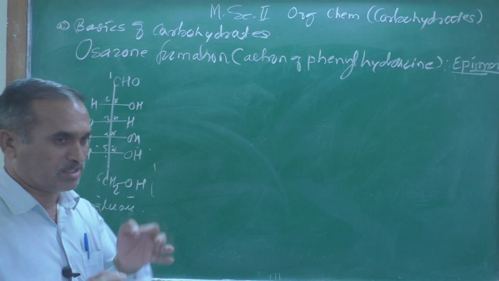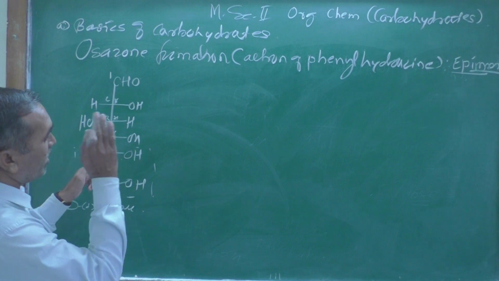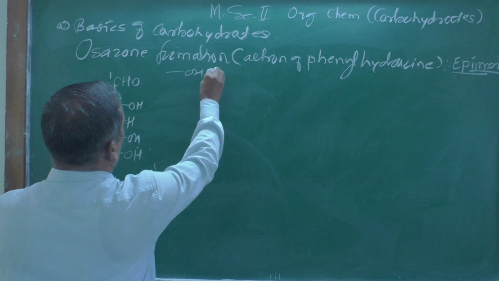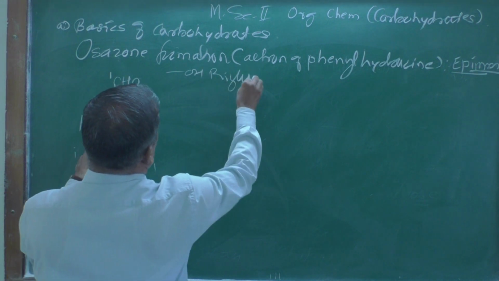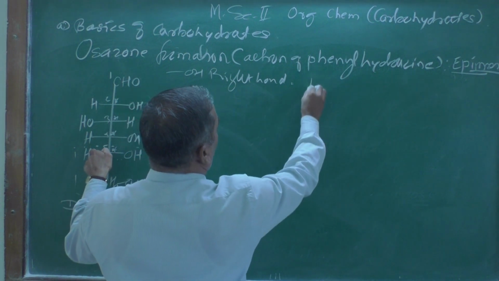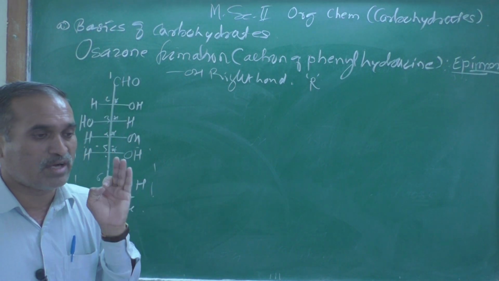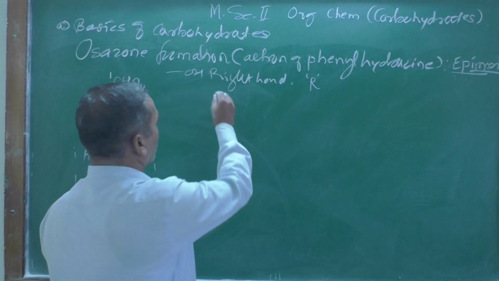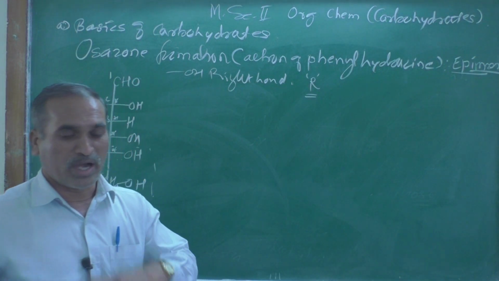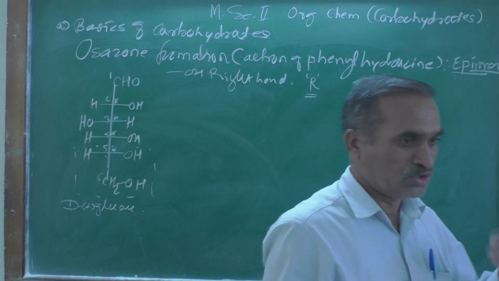And one more thing to remember, a shortcut trick: when the hydroxy group is on the right hand side, then that carbohydrate must have R configuration. Remember, if OH is on the right hand side, you can give R, this is the thumb rule, a general rule.